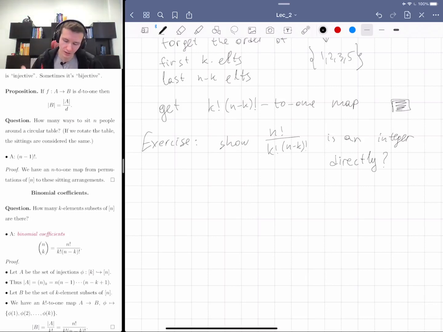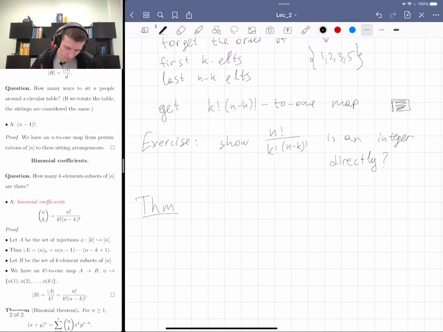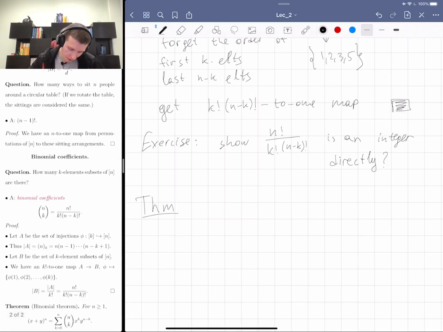Then I guess the last thing today that I'm going to mention. Today is a very introductory lecture. So I want to mention the binomial theorem, which maybe some of you learned in high school, but it's also useful for combinatorics in unpredictable ways.